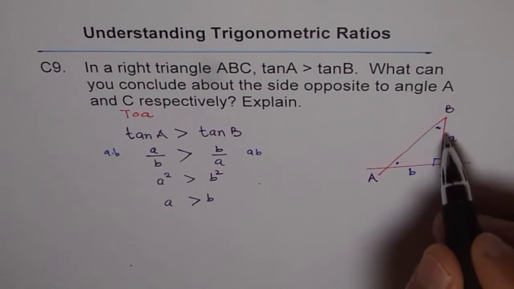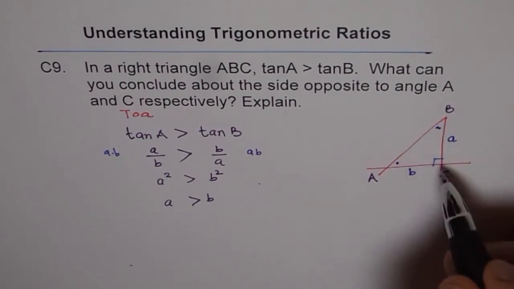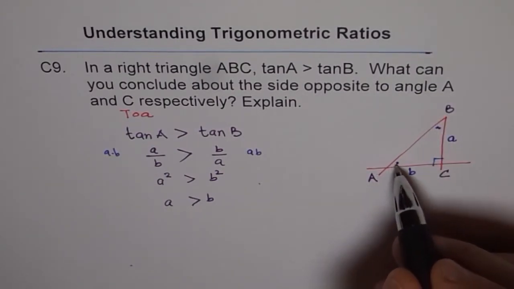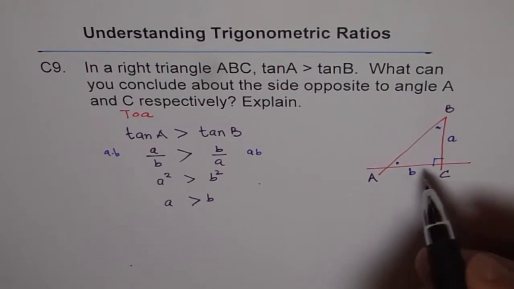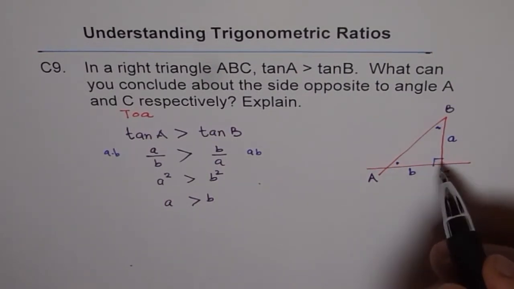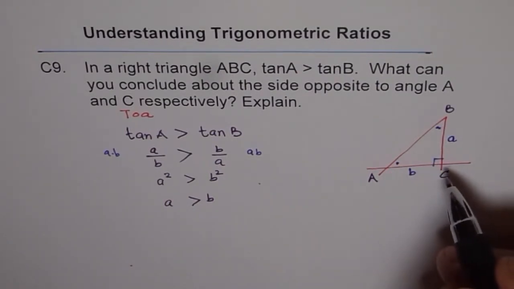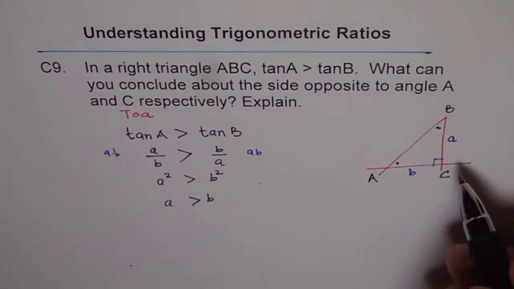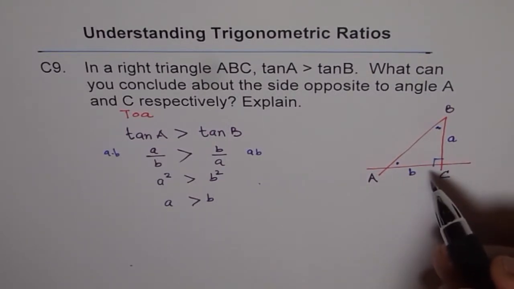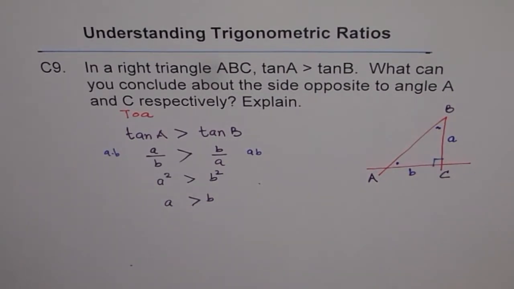So this means this leg is longer if this angle is bigger, right? So we conclude that always in a triangle, the side opposite to the bigger angle will be the longer side. Okay, so that is a very important conclusion which we get from here, correct?